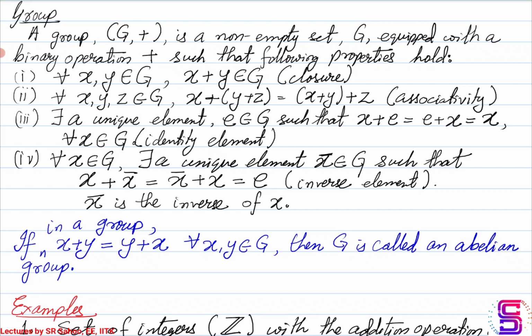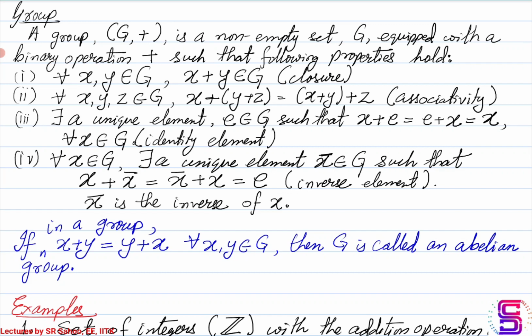Consider a non-empty set G which is associated with a binary operator, let's say this plus sign that I have. Now what is a binary operator? It is an operator which requires two elements for its operation.